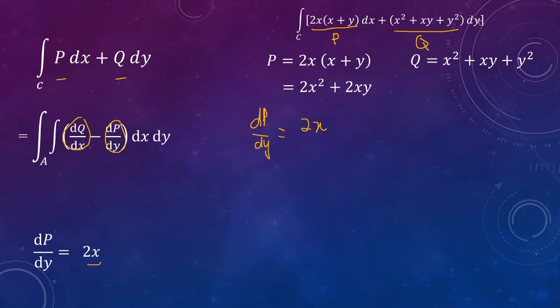Next, dQ over dx. So we treat y as a constant, and we get dQ over dx is 2x plus y.